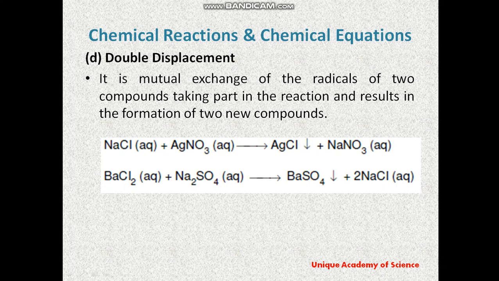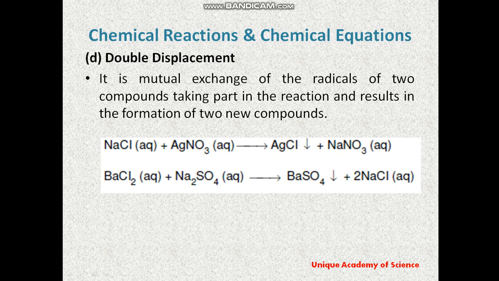Then in Na2SO4, Na has only one valency, plus, but here there are 2, so +2, and SO4 is -2.